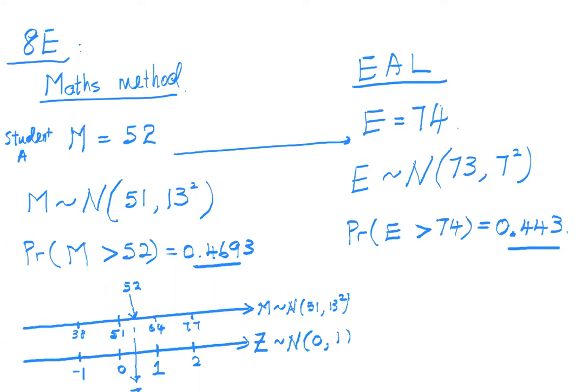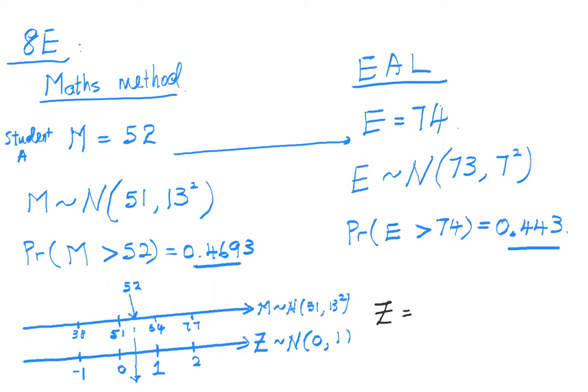Can you get a formula to convert any score to a standard score? Do you have the formula? Z equals what?